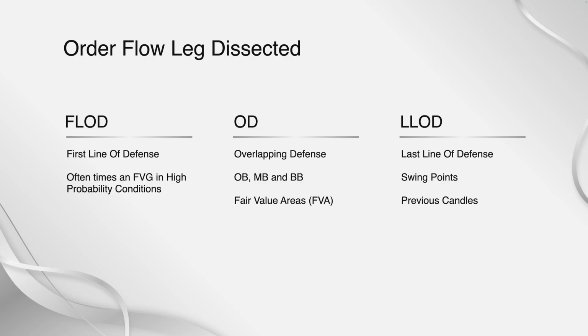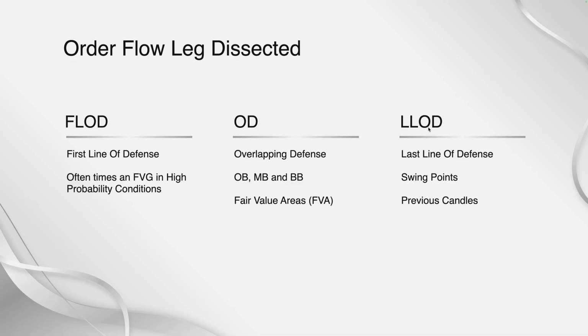So flood, odd, and lot, where the flood is the first line of defense, oftentimes an FVG in high probability conditions. Then we have the odd. The overlapping defense is always going to be an order block, a mitigation block, and or a breaker block. Those are fair value areas, of course.